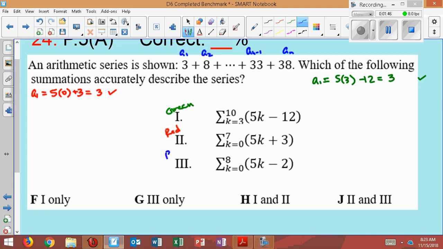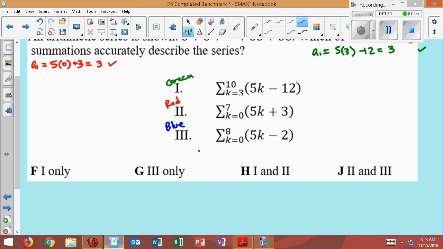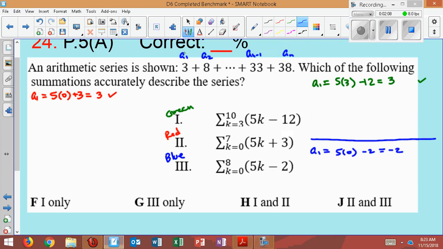Now let's go on to the next one. We'll do this one in blue. I'll say that a sub 1 would equal, and I'm going to plug in the first value, 5 times 0 minus 2. Well, 5 times 0 is 0, minus 2 equals negative 2. Is that what a sub 1 was supposed to equal?